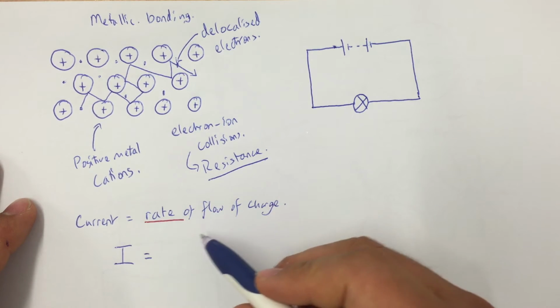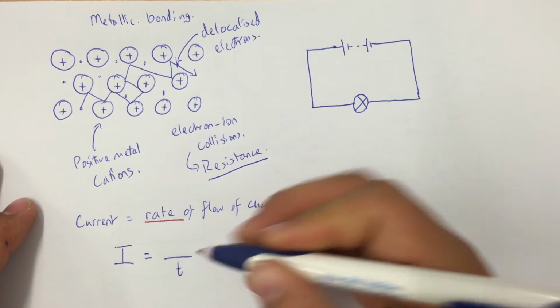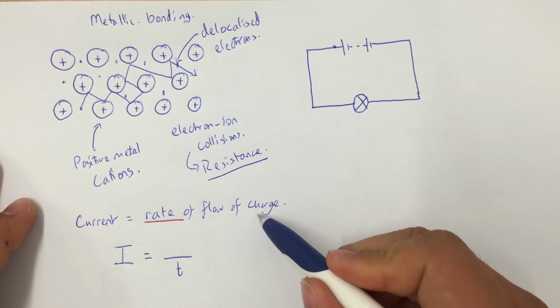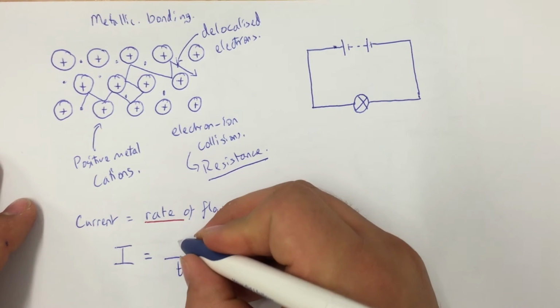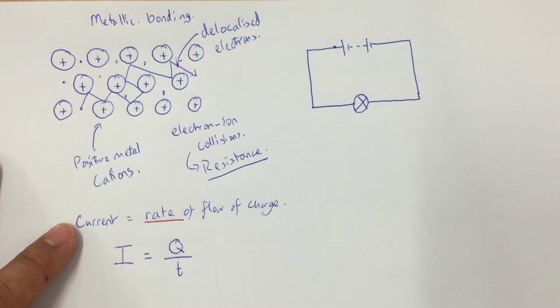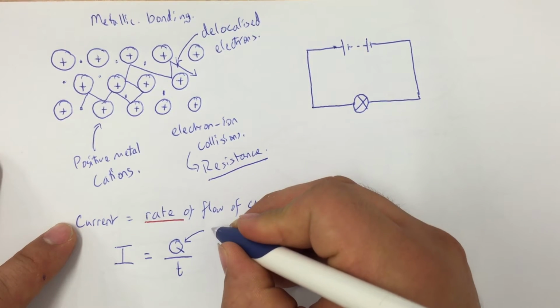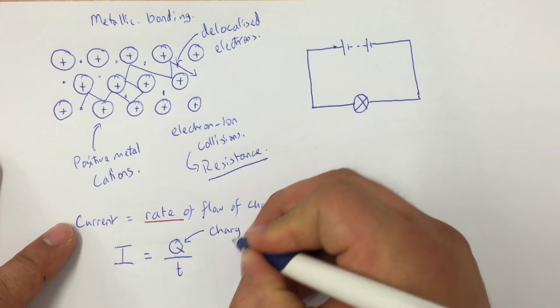So current is the rate, which means divided by time, of the flow of charge, how much charge we have. The symbol for charge is Q, because like I said, C is already taken for capacitance. So Q is the symbol for charge.